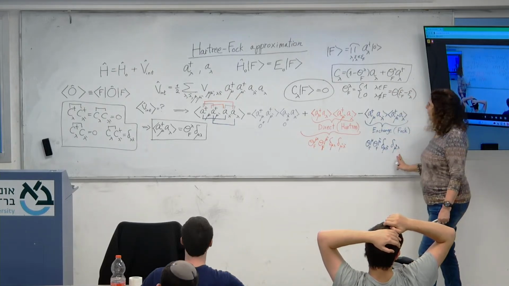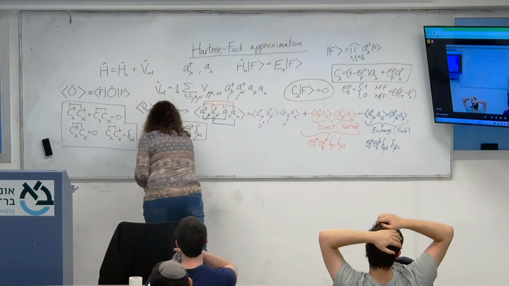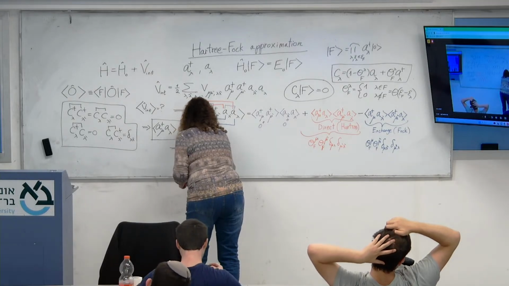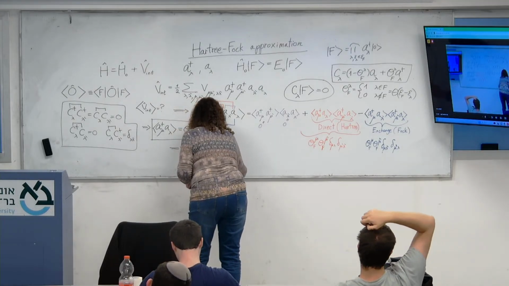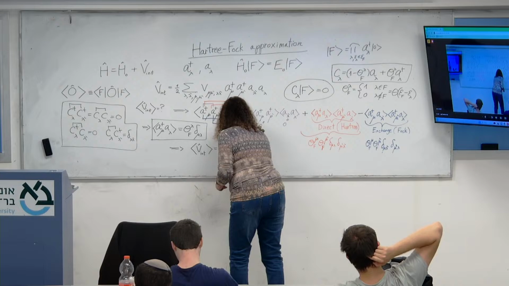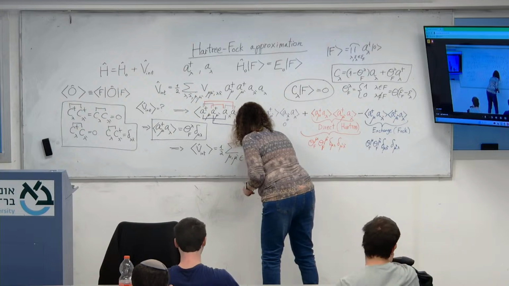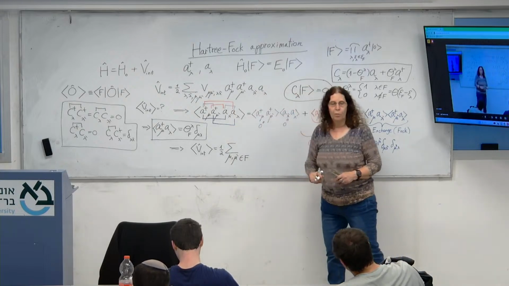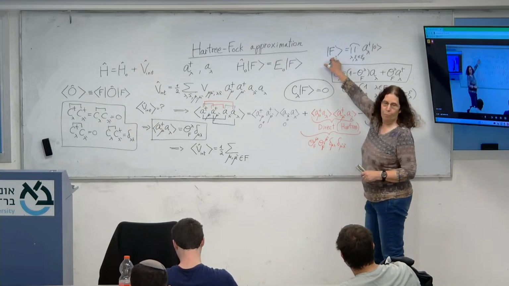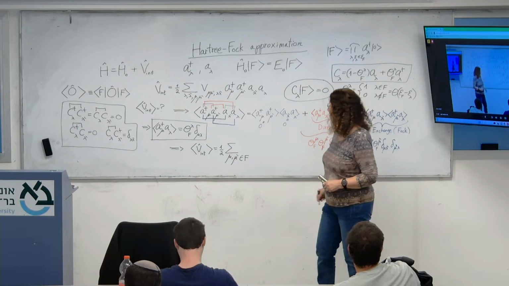Okay? So now when I plug it in, you can easily convince yourself that the result will be the following. It's 1/2 a sum over only two indices, mu and mu prime. Both of them are giving a finite contribution only provided that they are inside the Fock state F, namely that they are with epsilon mu smaller than the Fermi energy.